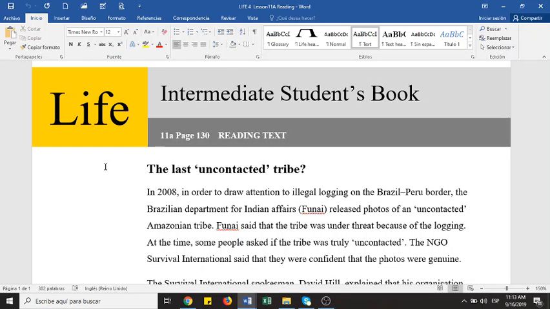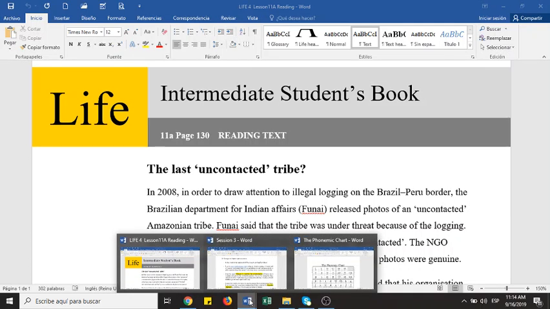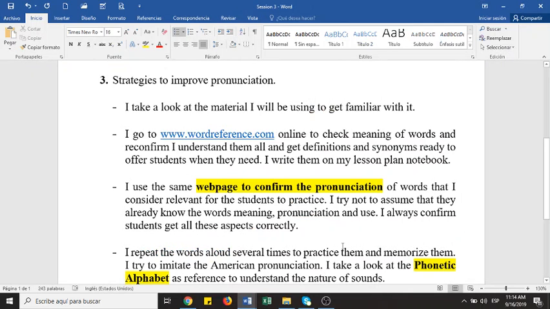This is an exercise of Lesson 11A that I chose, and it's a reading. So when I'm planning my class, I go to a reading and I try to find everything in that reading to be familiar with it. So the first thing I do is I read.